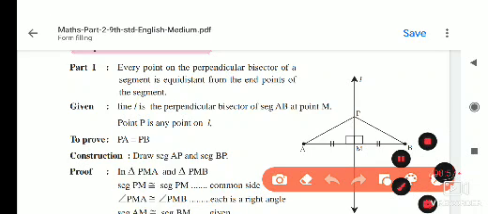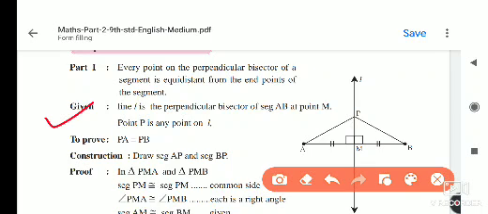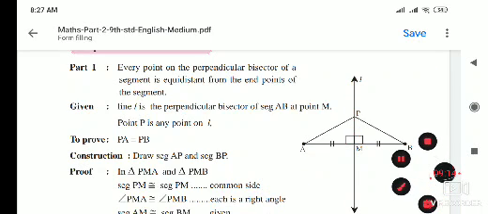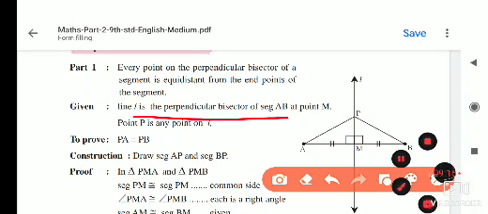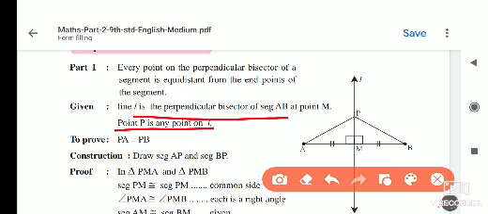So this is the statement, and as we know, when we write the proof we have to write the given first. So what is the given? Line L is the perpendicular bisector of seg AB. Here it is written that M is the midpoint of seg AB on line L. And what we have to prove?